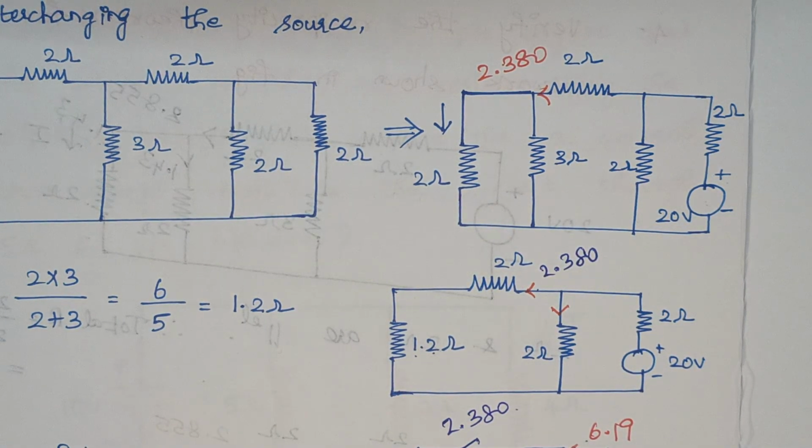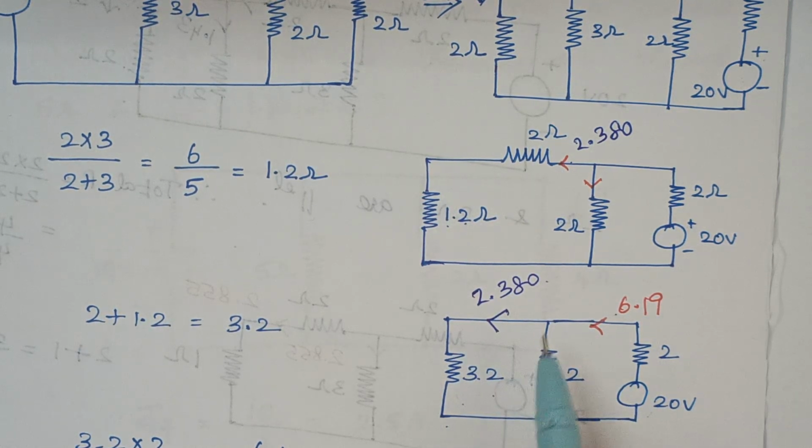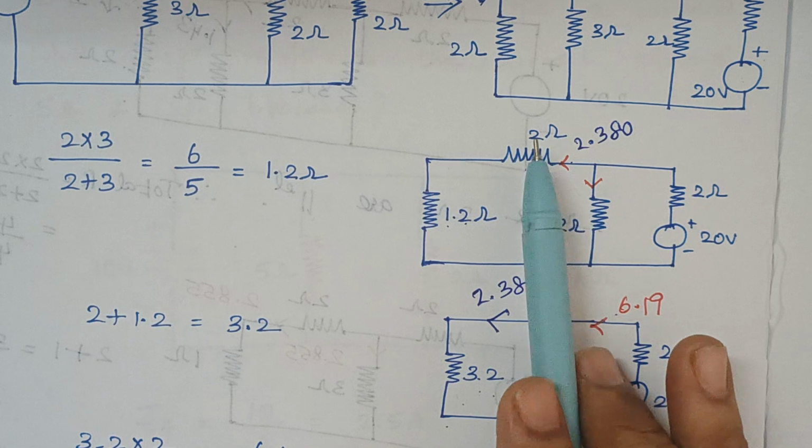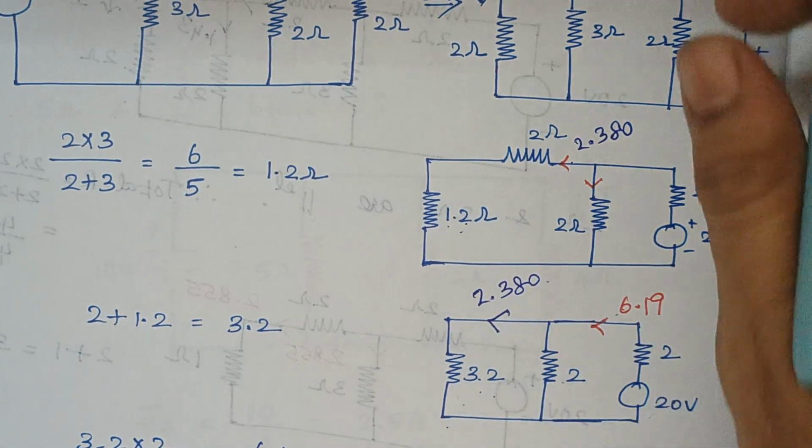Can you make a guess here? Am I making it correctly? The current flowing through this 3.2 is 2.380. Where does this 3.2 come from? It is a combination of 2 and 1.2. Therefore, the current flowing through this is 2.380.